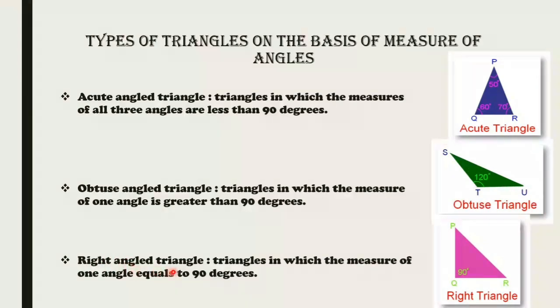Next is right angle triangle, where measure of one of the angles equals 90 degrees. So here again you can see triangle PQR, which is in pink color, where angle Q is of 90 degrees. So this triangle PQR is called right triangle.